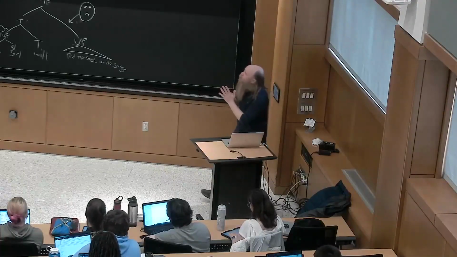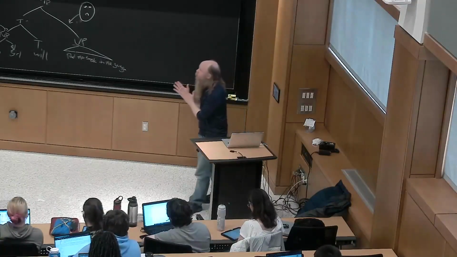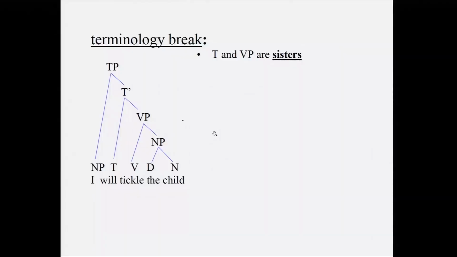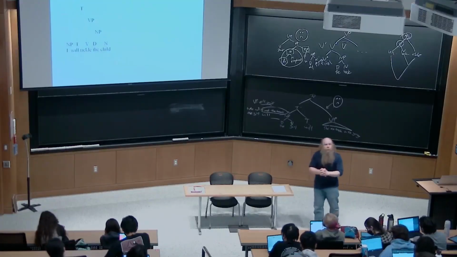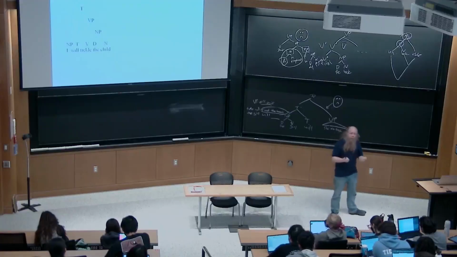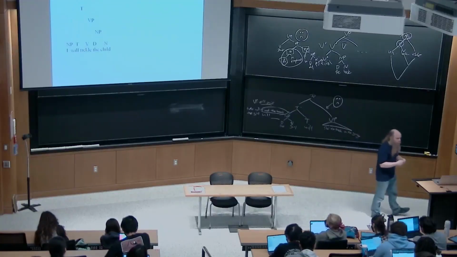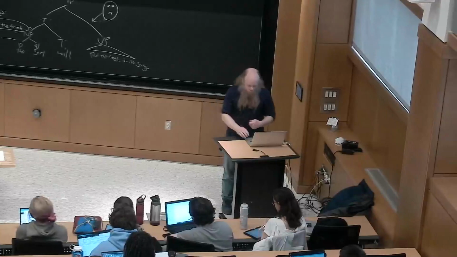Like in this tree, we merged the T, will, with the verb phrase, tickle the child, to form the T bar that's just above them, yeah? What we say about those is that they are sisters. So if you have two things that were merged together to create one larger thing, those two things are sisters.